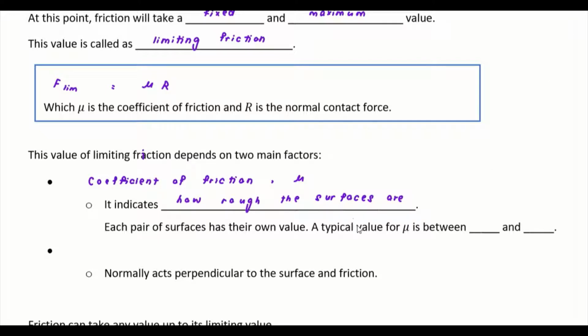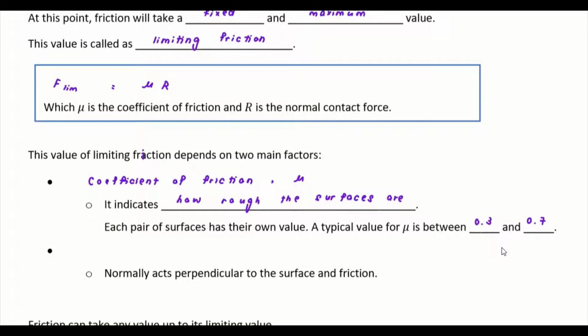Okay, a typical value for mu will be between 0.3 and 0.7, but remember that this is a normal range. For example, if you have a smooth surface between the table and the book, then your friction will eventually just be zero.